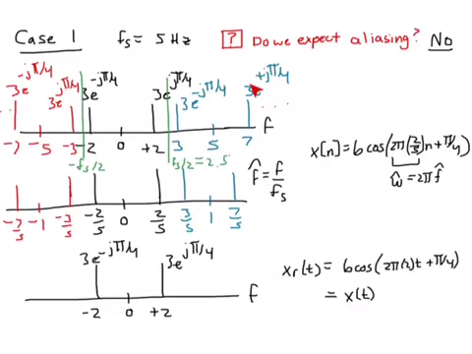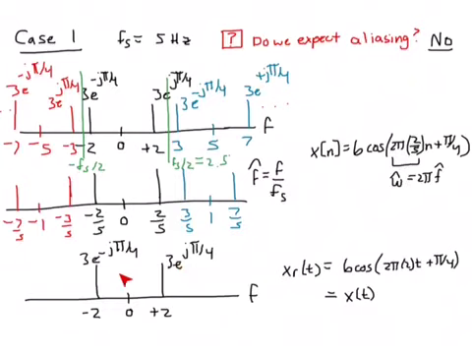Okay, so what did we do here? We first sketched the spectrum of the sampled signal. We redrew that spectrum just to draw it on our normalized frequency axis, and that's what gets us the frequency of our discrete time signal, our set of samples x of n. And then we reconstructed the signal, viewing the reconstruction process as just picking out the part of the spectrum that lies between minus fs over 2 and plus fs over 2.